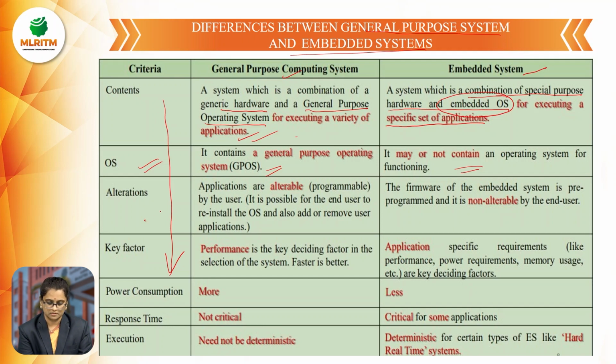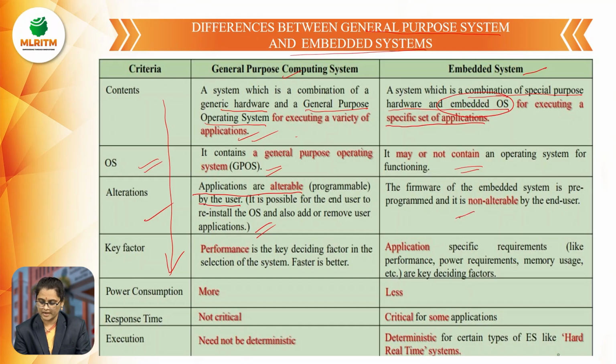Okay, and then alterations. In a general purpose system, applications are alterable or programmable by the user. In our PC, we can install many applications as well as delete them. That is in our hands. So the applications are alterable or programmable.